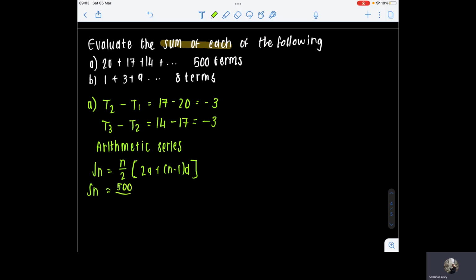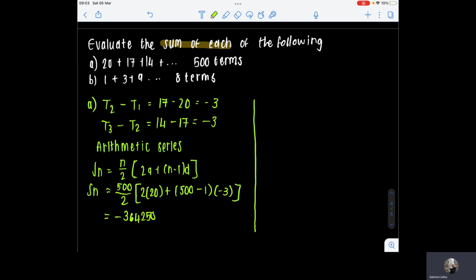So 500 over 2, times 2 times a, which is 20, plus n minus 1, which is 500 minus 1, times d, which we worked out to be negative 3. If I type that into my calculator, I get an answer of negative 364,250. Okay, so that's for A, and they wanted the sum of those terms, so I have answered the question. Let's look at B.